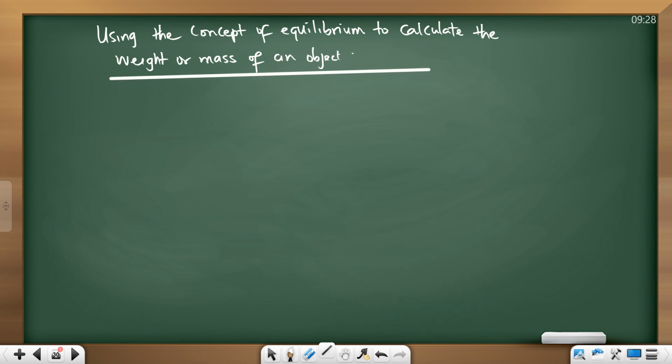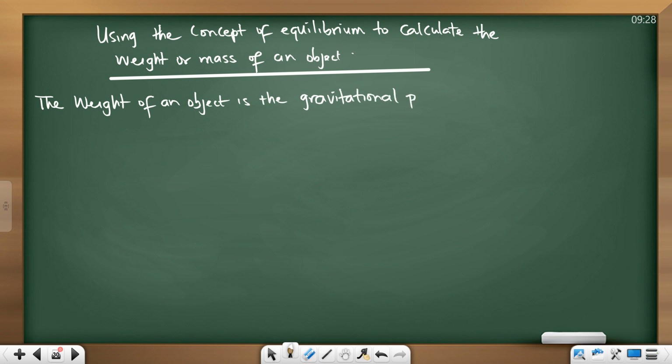All right, from grade 10, we're quickly going to talk about something from grade 10. The weight of an object is the gravitational pull. We all know the force of gravity of the earth on the object.